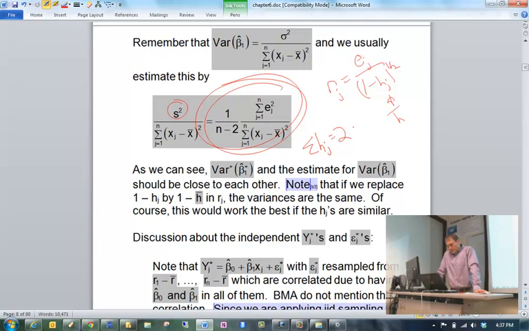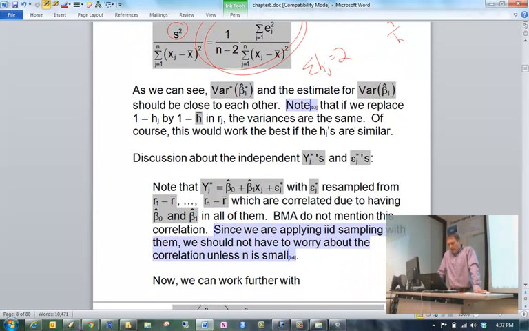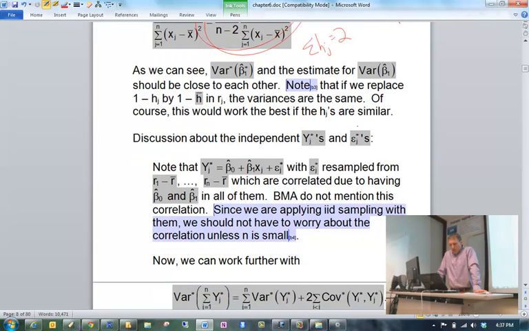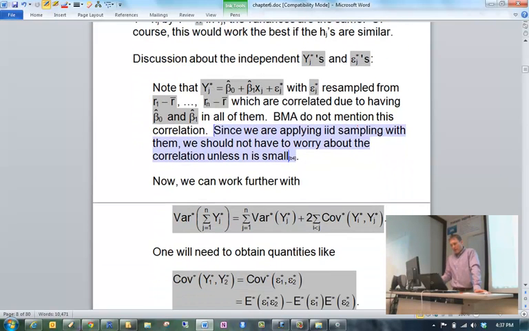Okay. Well, what about then this independence of the y stars? We had to make that assumption in our little proof here.